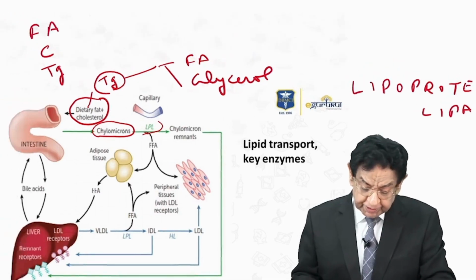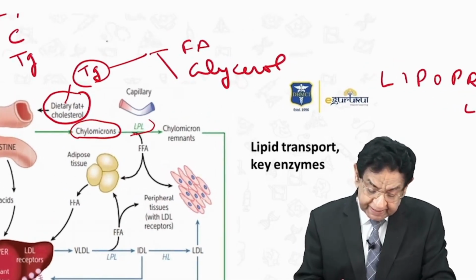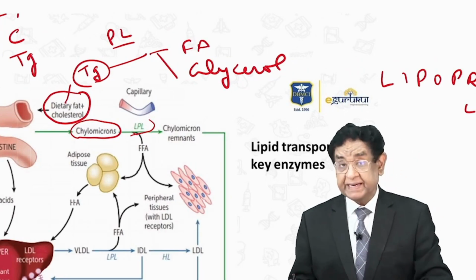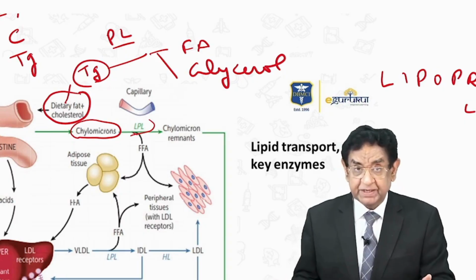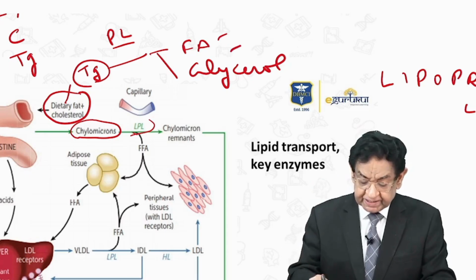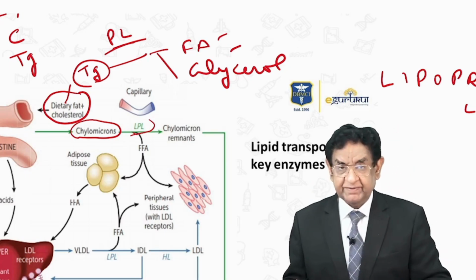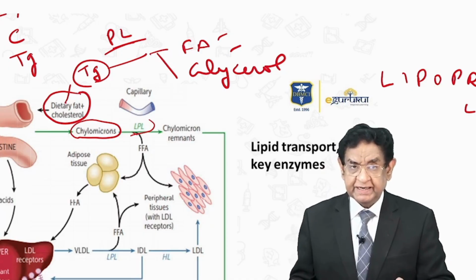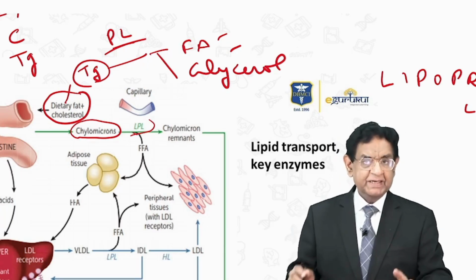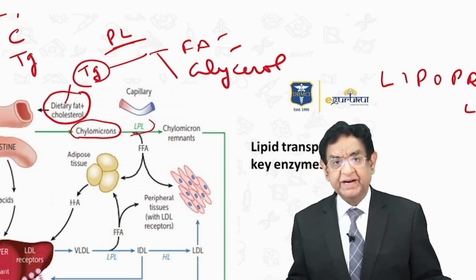Of course, no need to say, in the diet, it's a pancreatic lipase. You can note PL stands for pancreatic lipase, or simply lipase, which breaks down triglyceride into fatty acid and glycerol. That we know very well. We read in our school days also that amylase breaks down carbohydrate, lipase breaks down fat. Now we are well aware it's triglyceride.